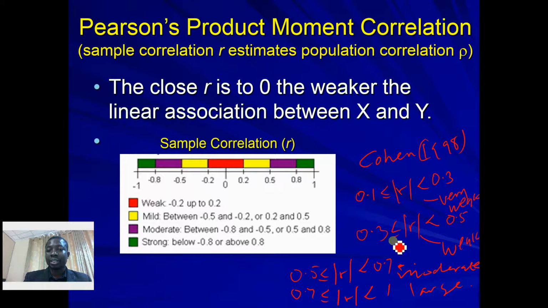Then 0.5 to 0.69 will be considered as moderate. And then we have 0.7 to 0.99 will be considered as large.